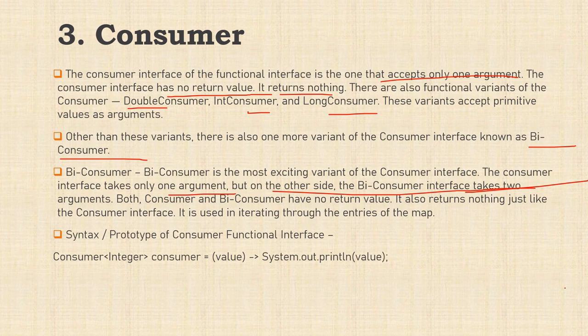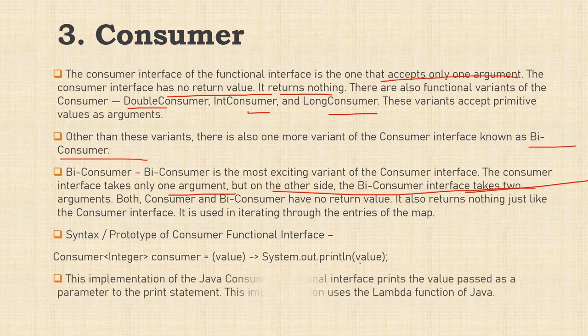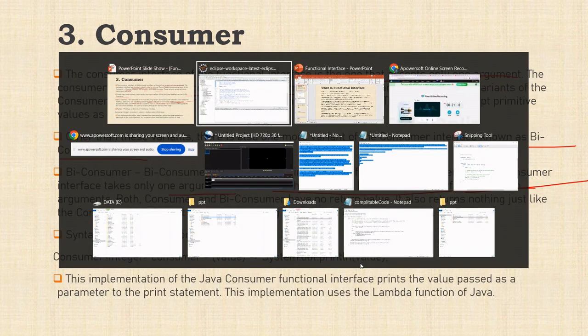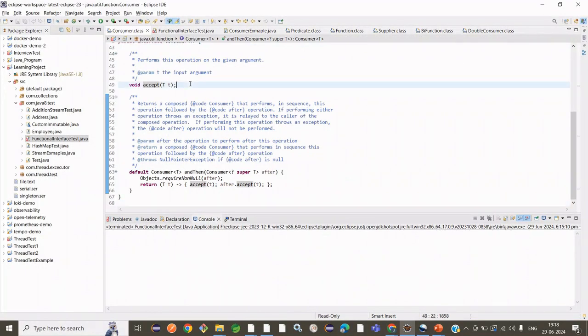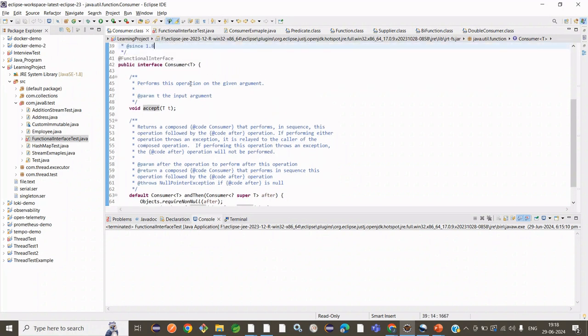So the syntax will be like this. Here it's a Consumer interface, and this is the value we are passing inside and printing. What will be the method inside Consumer? Let's check. There is an accept method inside Consumer.